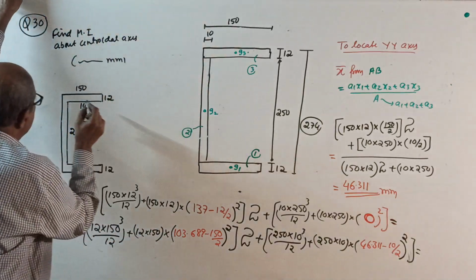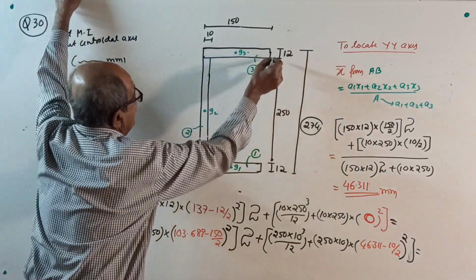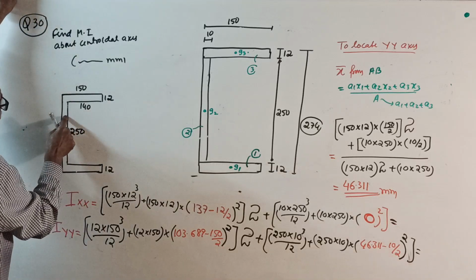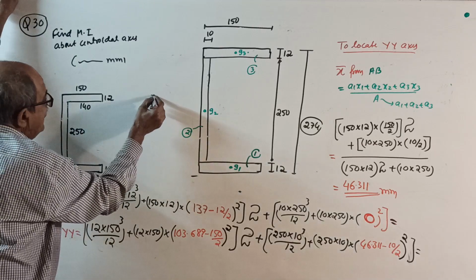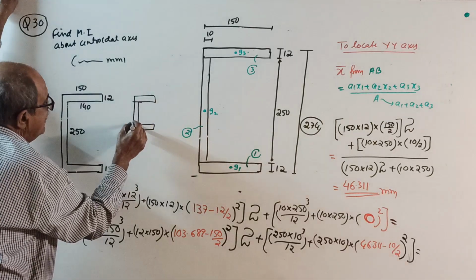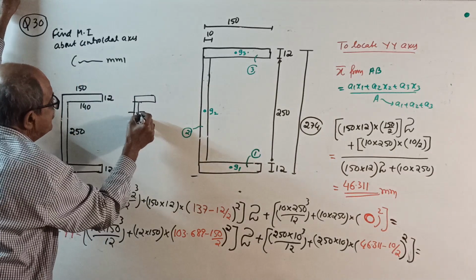Divide into parts. See here, horizontally divide: 150 by 12, and 150 by 12, the same. For this thickness requirement, vertically you divide like this. This is 250. What about this thickness?